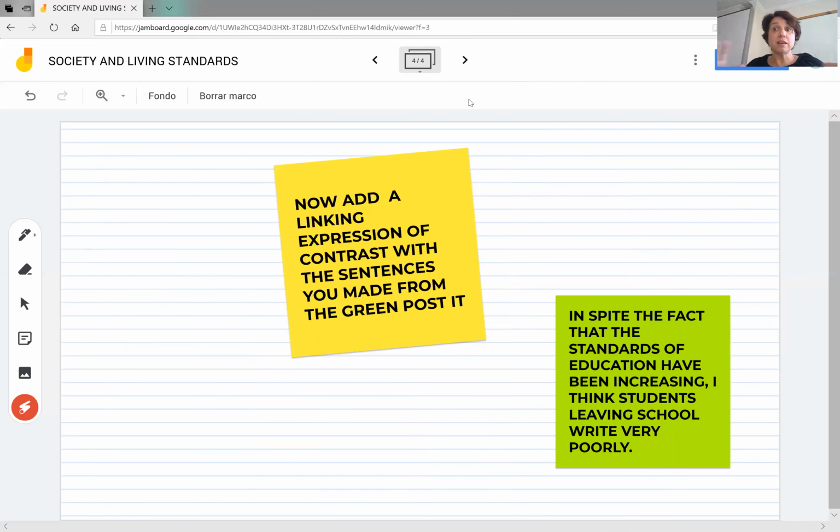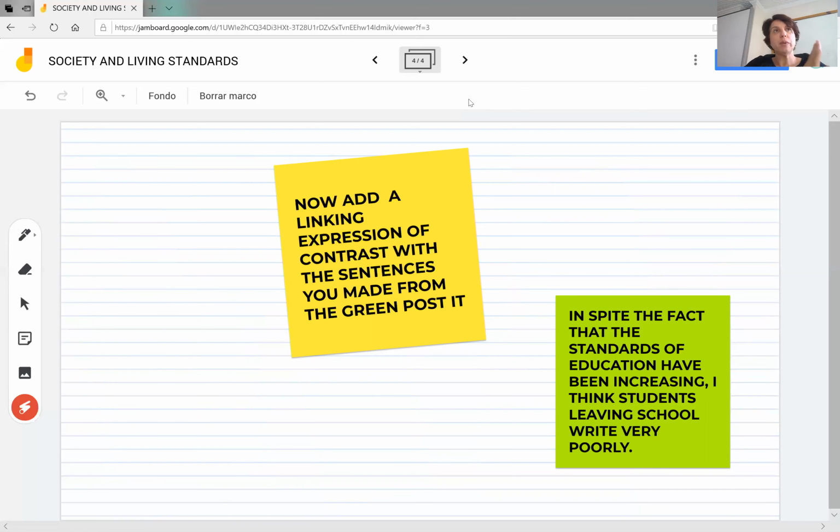So now, the last task of today is, we've already made our sentence. Our sentence is, you've got it here on the green post-it. In spite of the fact that standards of education have been increasing, I think students leaving school write very poorly.